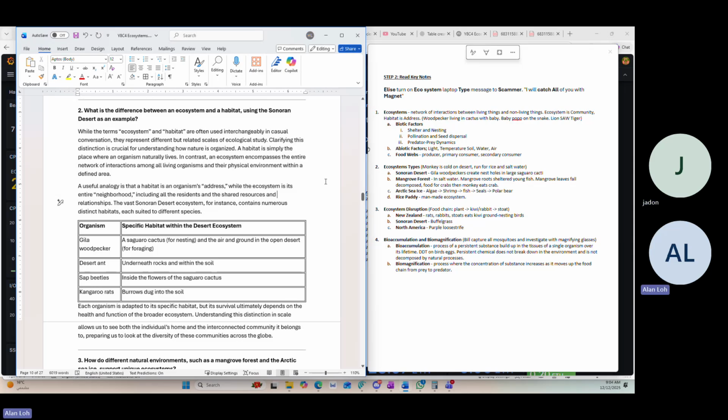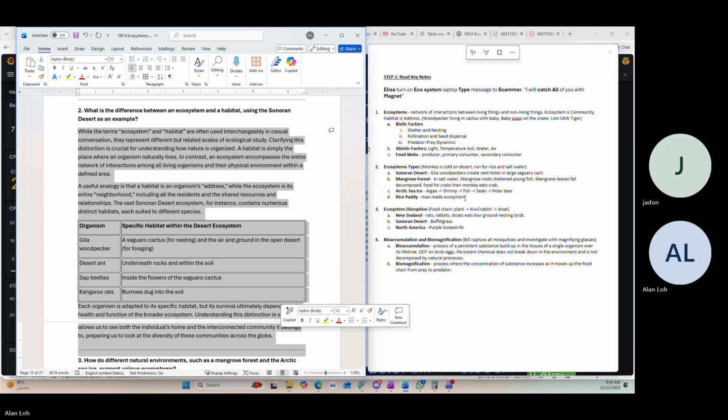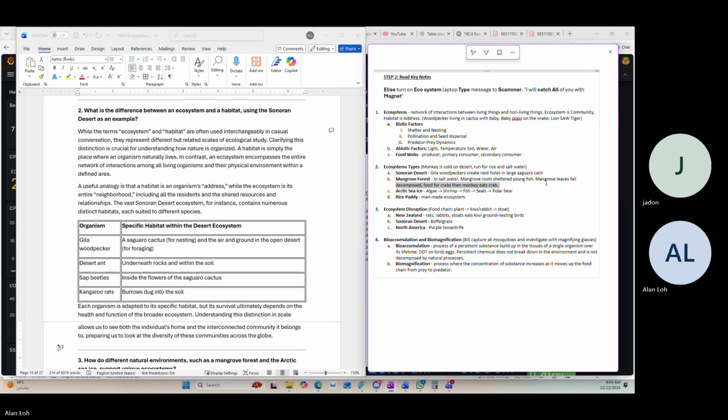Good. So these answers are related to here, right? The Sonoran Desert, the woodpecker, the cactus. Yes or no? Jaden, yes or no? Yeah. Okay, good.